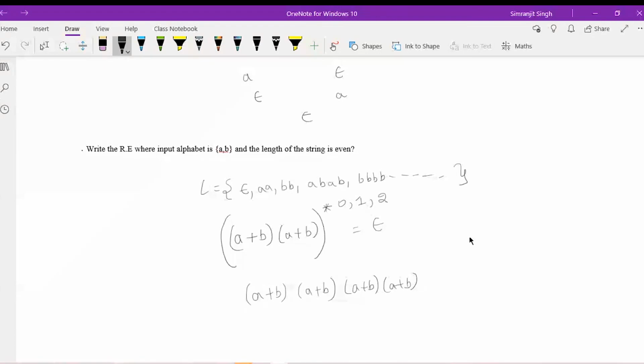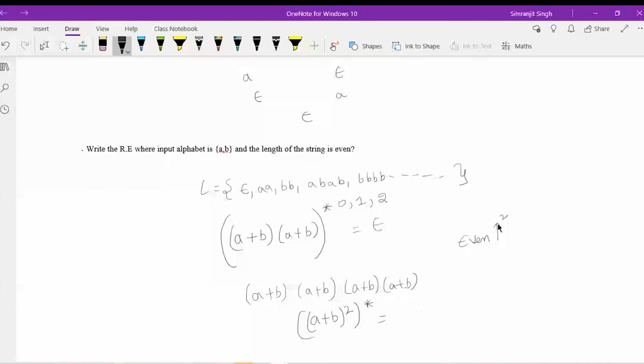So it is saying that (a plus b)(a plus b) whole star is a combination. You can also write it like this: 2 into epsilon will be epsilon, keep that in mind; 2 into 1 will be 2, 2 into 2 will be 4, 2 into 3 will be 6. If this is an even length, you know that you have to raise it to the power of 2, keep that in mind.